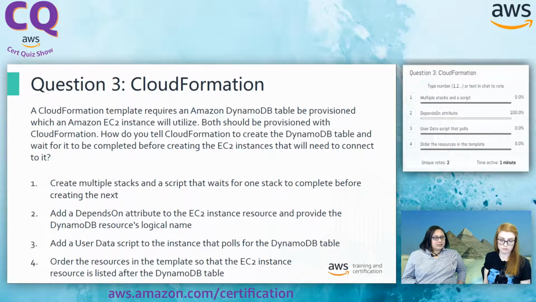So I guess the best way to do that is to go to EC2 and add an attribute to say depends on DynamoDB. In this case, the EC2 won't be created until the DynamoDB table is created.